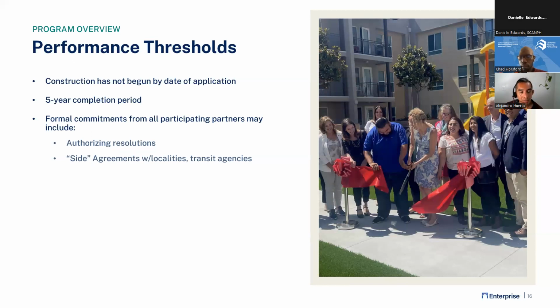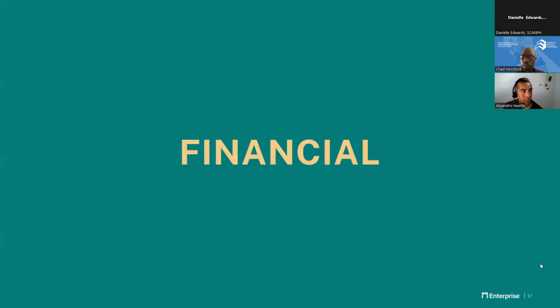And in addition, because as Chad mentioned, we usually require partnering with transit agencies and other transit partners, you will probably need to have some sort of side legal agreements in order to codify the responsibilities of each party. So these are some of the key threshold and performance requirements for the AHSC program.